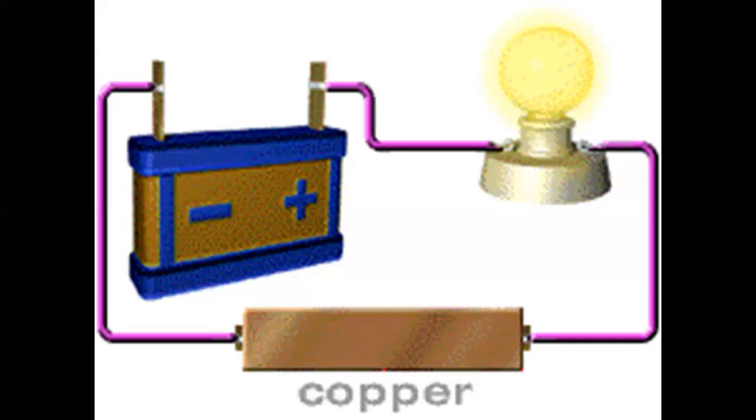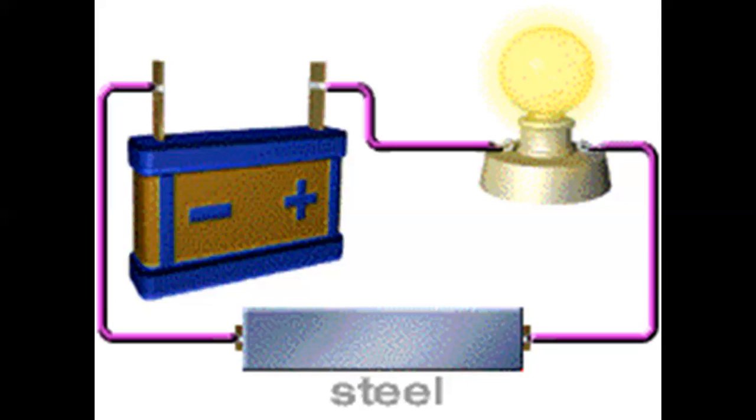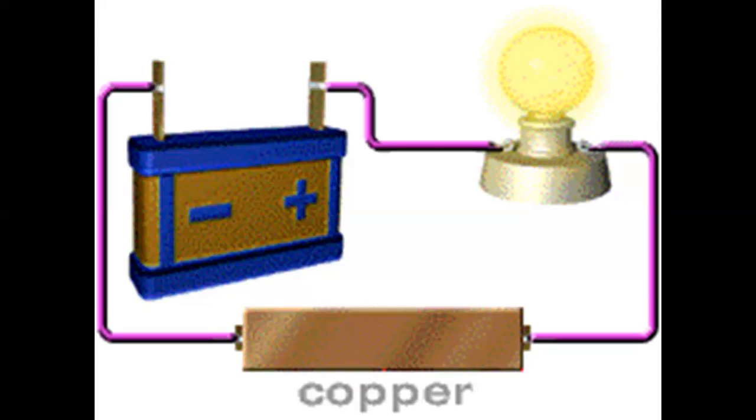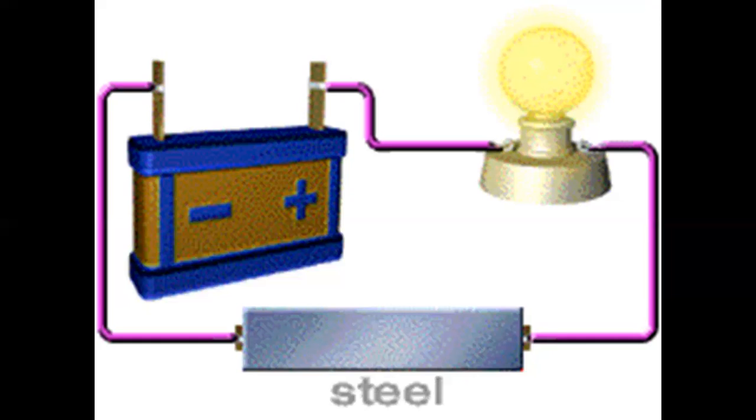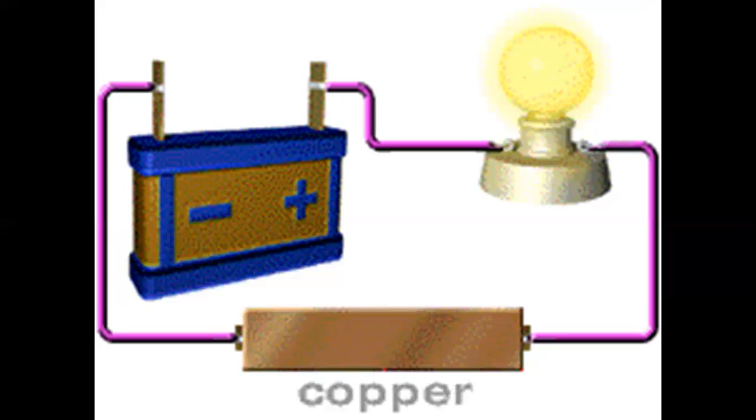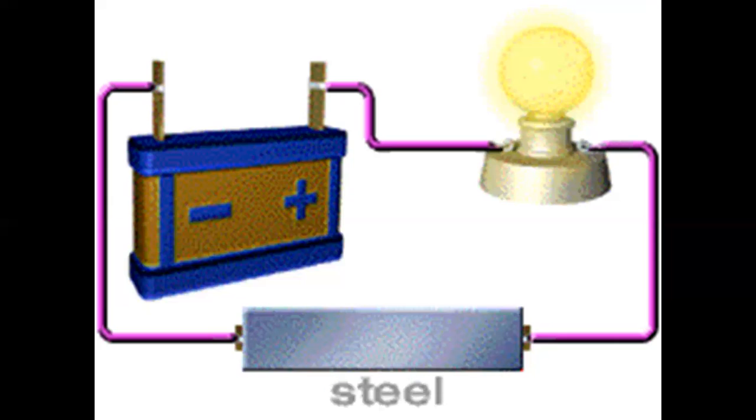So I show you here, if we take steel and copper, then the light is on. But if we take wood and glass, then the light is off. That means some of the materials can carry electrons inside these materials, but some materials cannot carry electrons. If any kind of material carries electrons, that is, carries electricity, that kind of material is called a conductor.